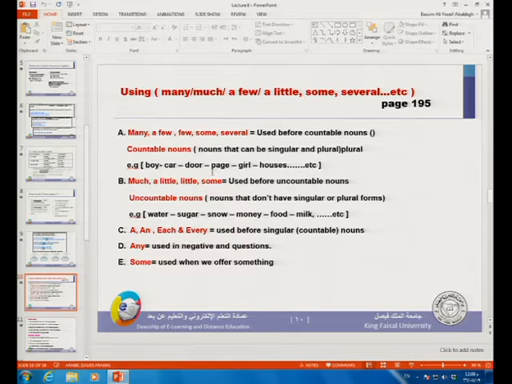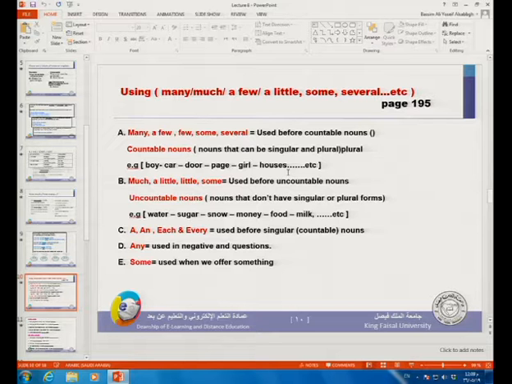Countable nouns can be singular or plural, as we said before. Look at this: boy, car, door, girl. All these can be in the plural form. So I can say many boys, a few cars, few doors, some pages, some boys, several girls, and so on.